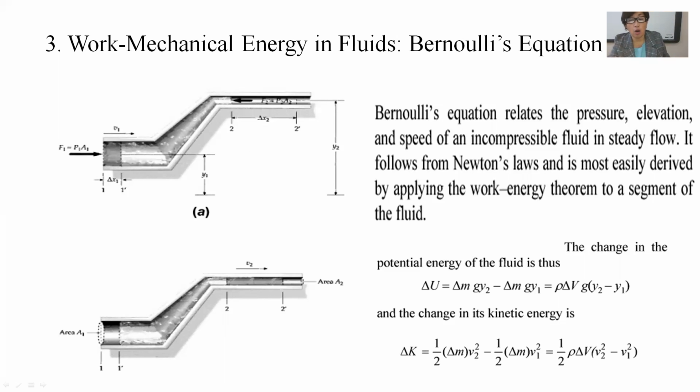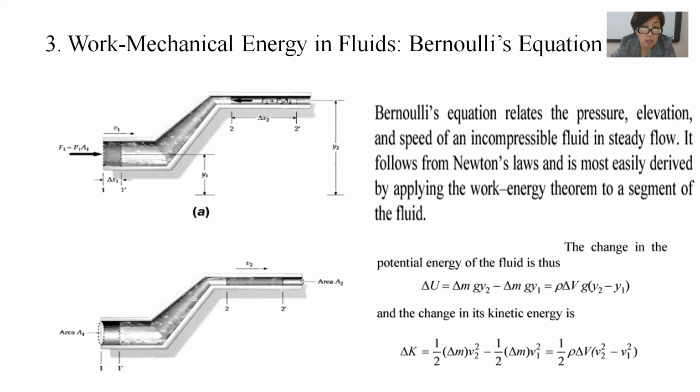Bernoulli's equation relates the pressure, elevation and speed of an incompressible fluid in steady flow. It follows from Newton's laws. It is most usually derived by applying the work-energy theorem to a segment of the fluid.